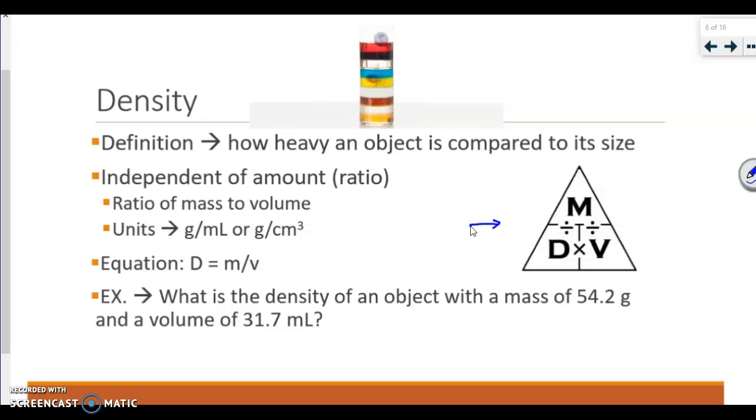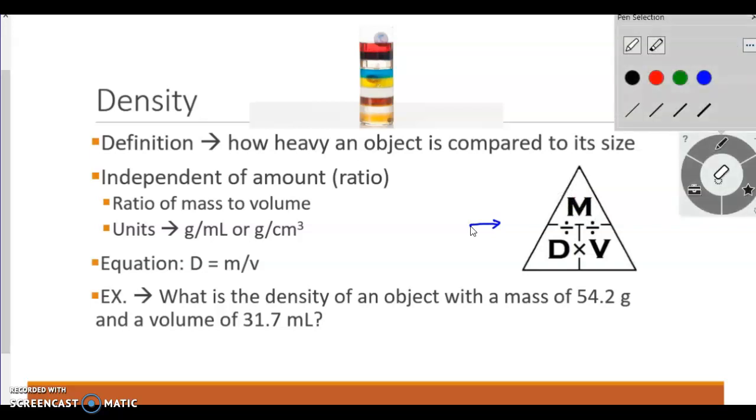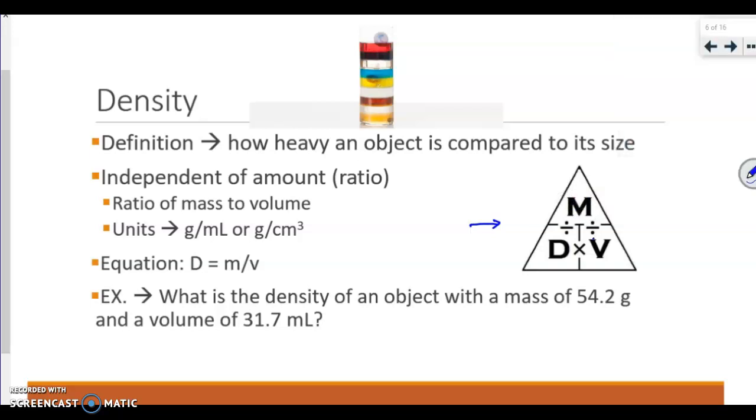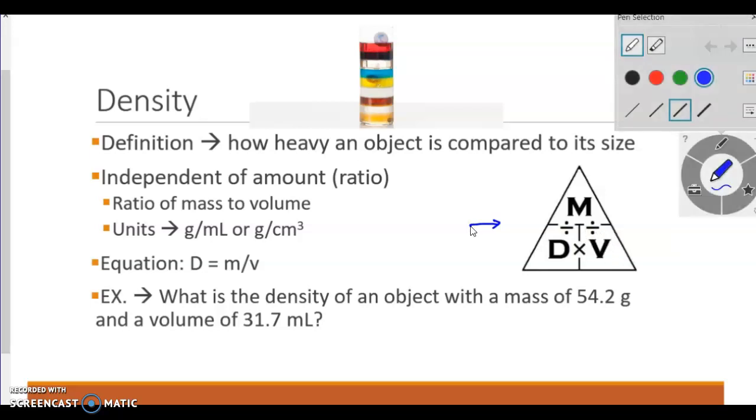If instead I was looking for mass, I would cover the M, and I would take density times volume. And finally, if I was looking for volume, I would cover the V, and I would take mass over density. It prevents you from needing to do any algebra at all if you just remember the triangle.